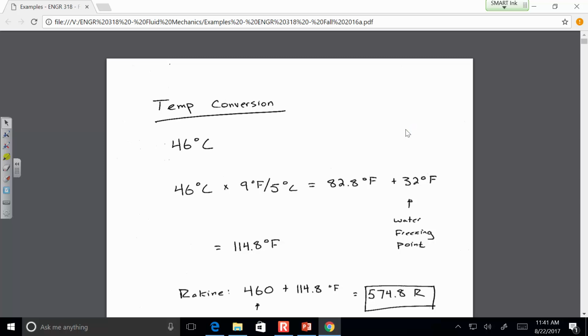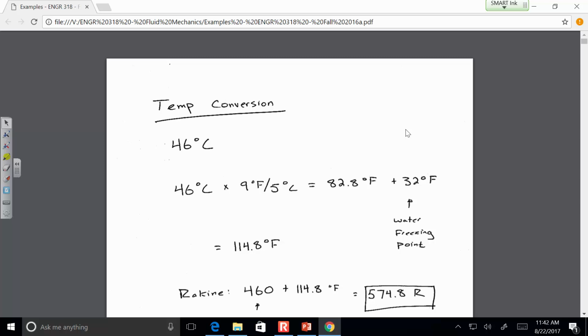And so with this 9 degrees Fahrenheit for every 5 degrees Celsius, we have to multiply by this ratio to convert the number of Celsius degrees into the number of Fahrenheit degrees, and then also make the adjustment in the freezing point, because whereas in Celsius the freezing point is 0, the freezing point is 32 in Fahrenheit.